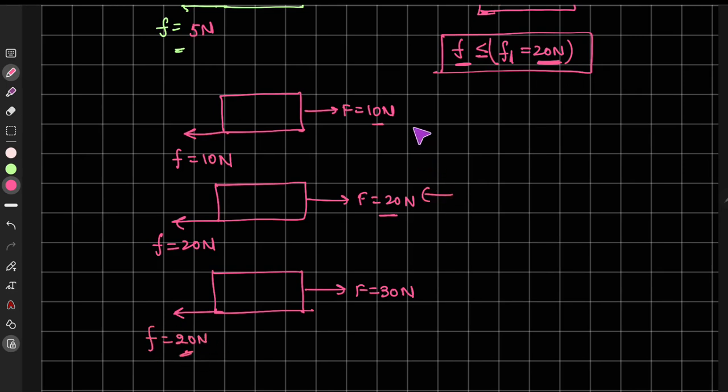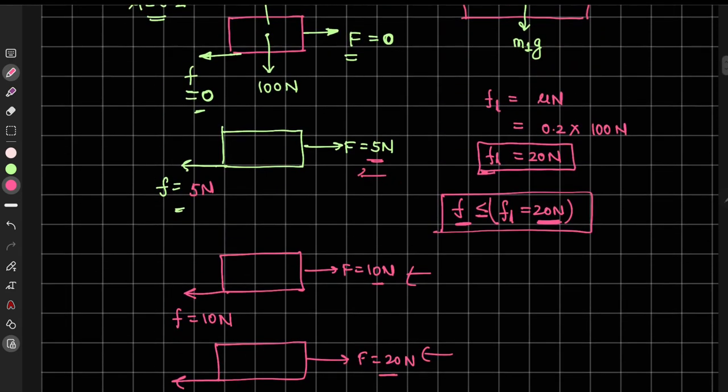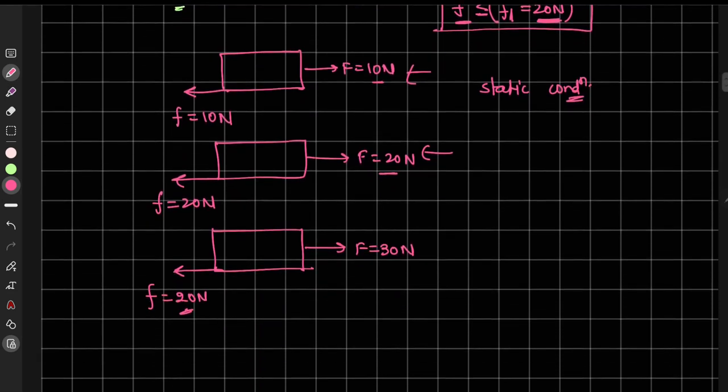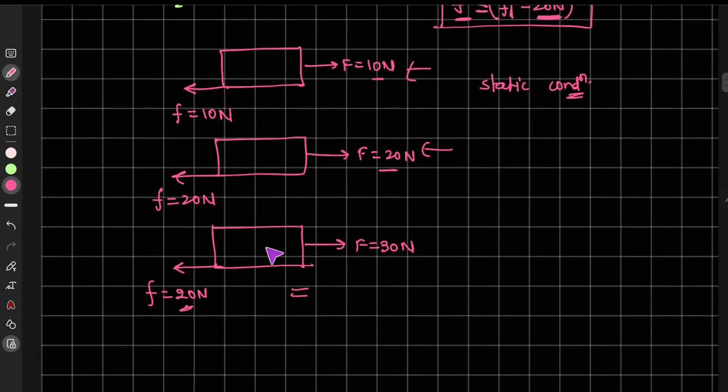In all three cases that we have mentioned here, the box will be in the static condition. The box will not have any relative motion. But in the last case we will have a net resultant force of 10 Newton in this direction, so we will get some acceleration.